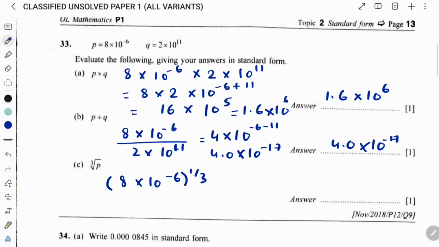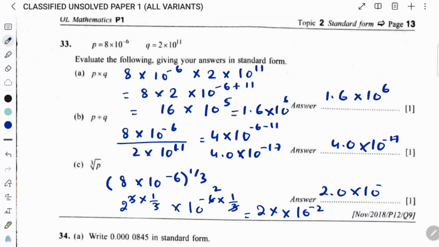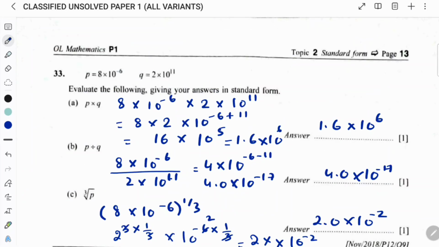You have done in the previous question of square root, we kept the power 1 upon 2. If it is cube root, then 1 upon 3 power. So do you know that it is 2 cube, 1 upon 3 and 10 minus 6 into 1 upon 3. So cancel the powers. 2 into 3 times 2 is 6, 10 to the power of minus 2. 2.0 into 10 to the power of minus 2.